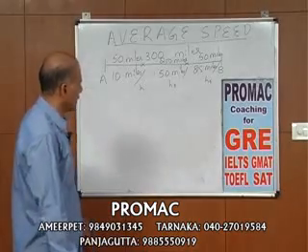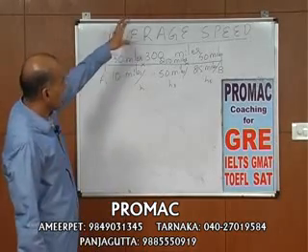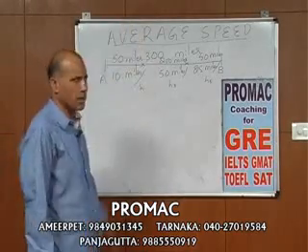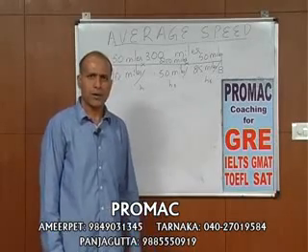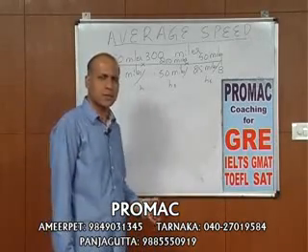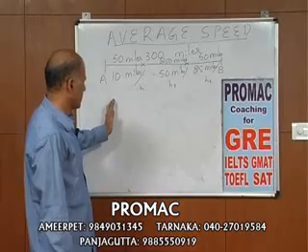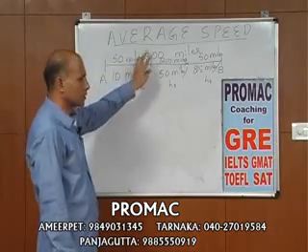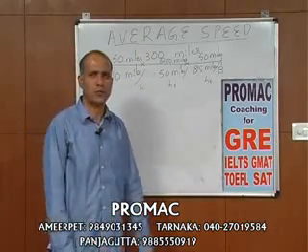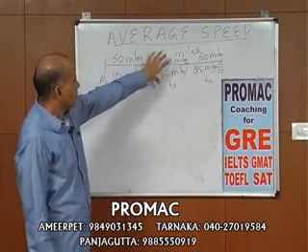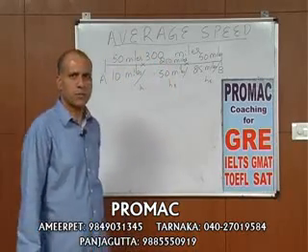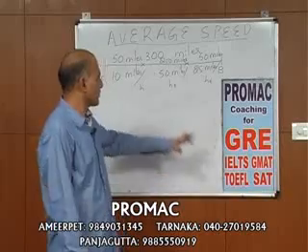So as you can observe, there is a total distance of 300 miles that I have traveled, but I traveled this distance in 3 different ways. First 50 miles I traveled at a speed of 10 miles per hour. 200 miles I traveled at a speed of 50 miles per hour.